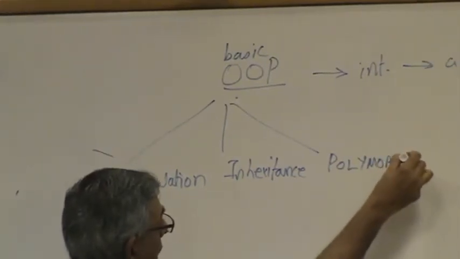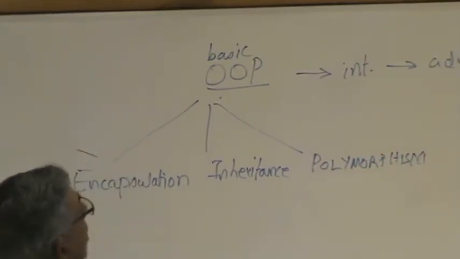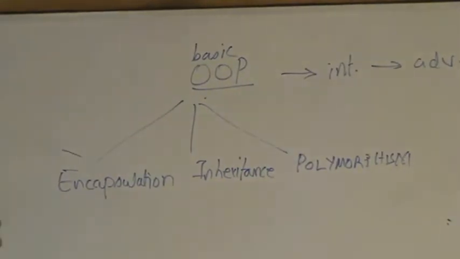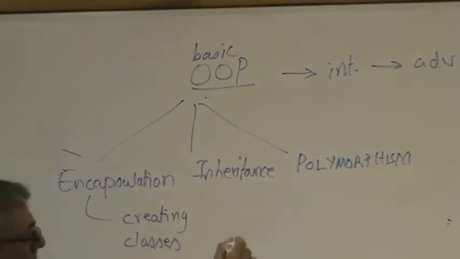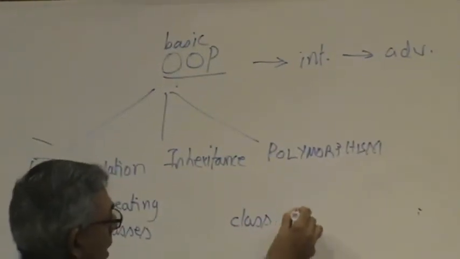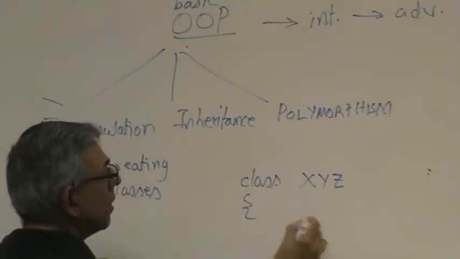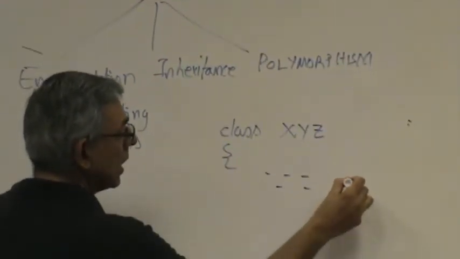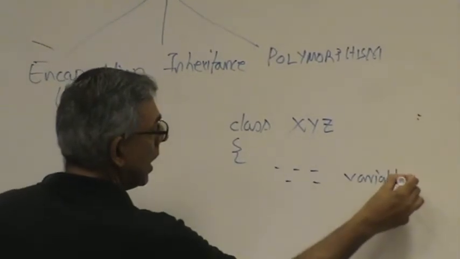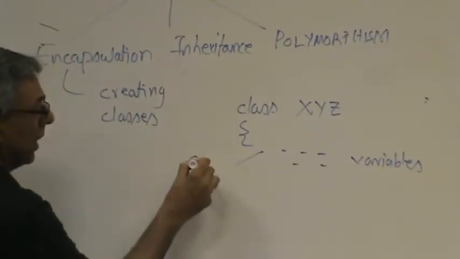So today, let me try to finish the basic object-oriented programming so that we can start looking at more interesting things. Encapsulation was basically creating classes. Because remember, once we create a class, let's say some class XYZ, we create some variables in it. Sometimes we call these fields.